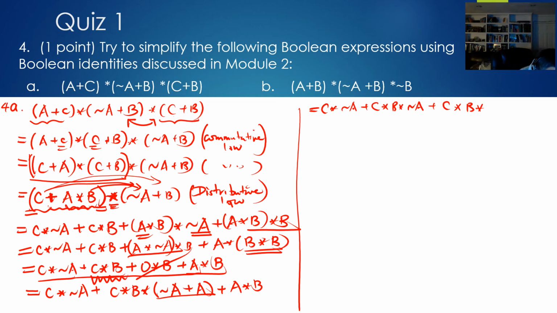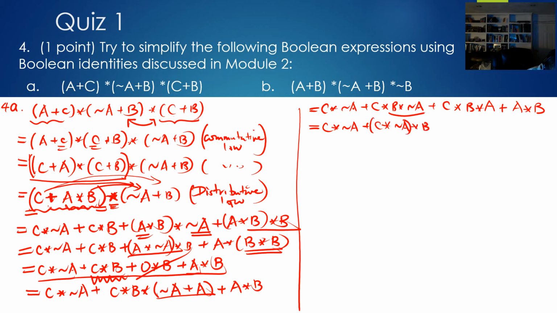So the last one is C times tilde A, C times B times A, plus A times B, right? So now use the commutative law. I can switch the order between B and the tilde A. So then I can get C times tilde A plus C times tilde A times B, right?